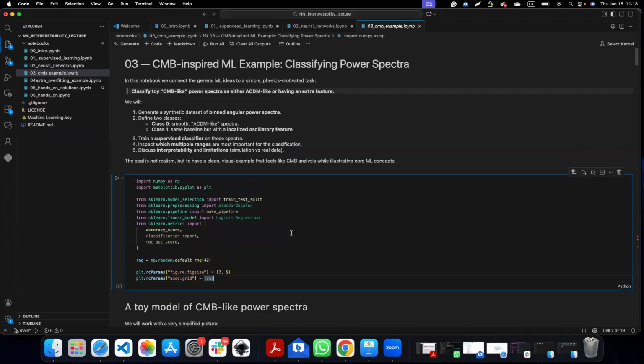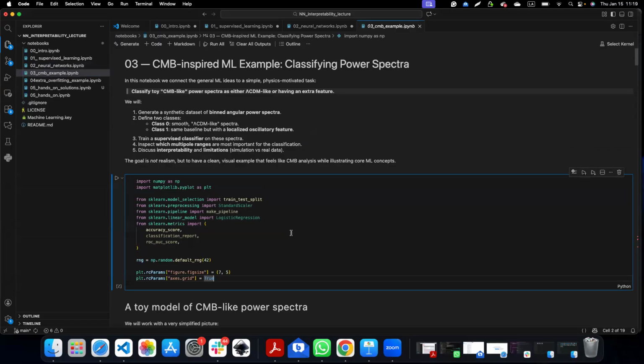I'm not going to use anything. I'm just going to use a very simple simulating strategy. And we're going to have class 0, which is going to be lambda CDM-like. And the alternative model is going to be class 1. I just use this localized oscillatory feature, like the slide that I was showing you before.